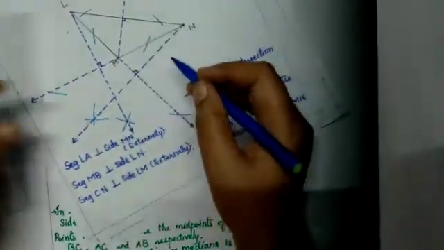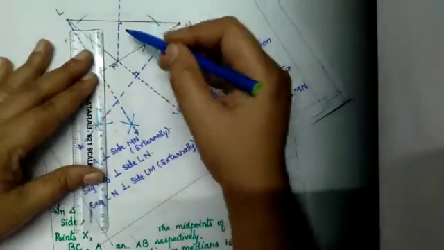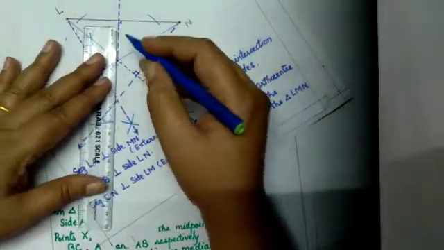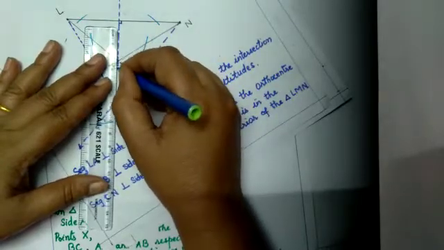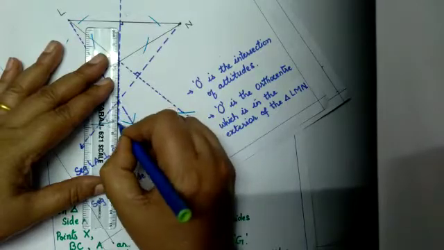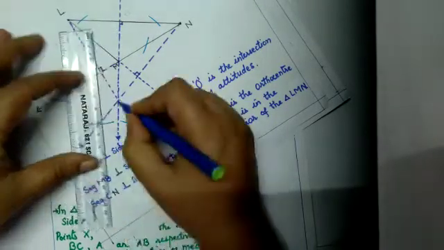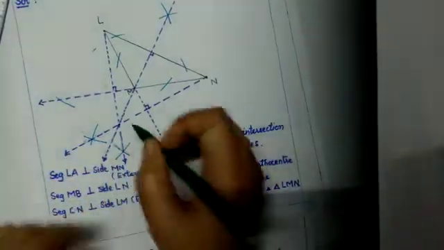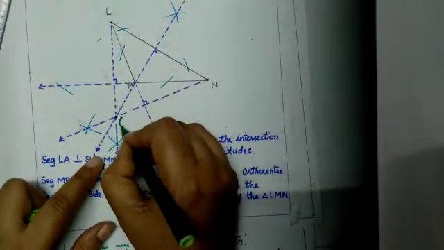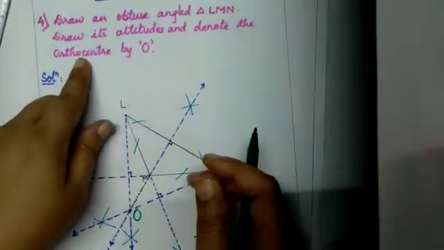So where is the point of intersection? To join that, we will extend this dotted line from M also. So here this is an extended line which we are extending. So here we got one intersecting point. This point is our intersecting point and this is our orthocenter. What we have to show?